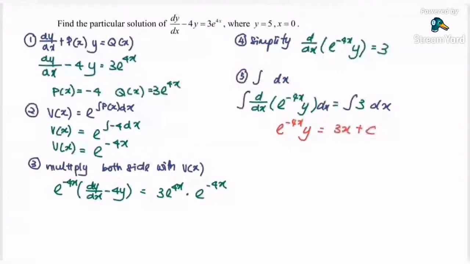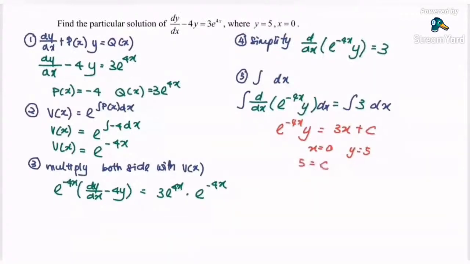Then we have the general solution. So given the situation x is equals to 0, y is equals to 5. So in order to find c, kindly substitute the situation and we will obtain 5 is equal to c.